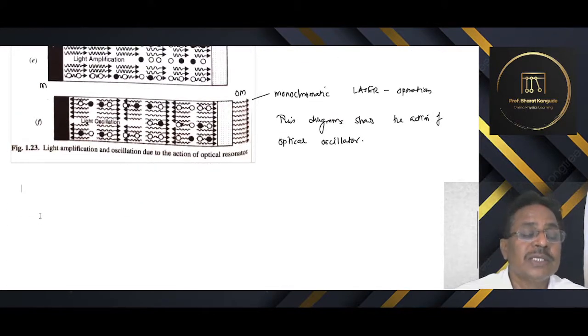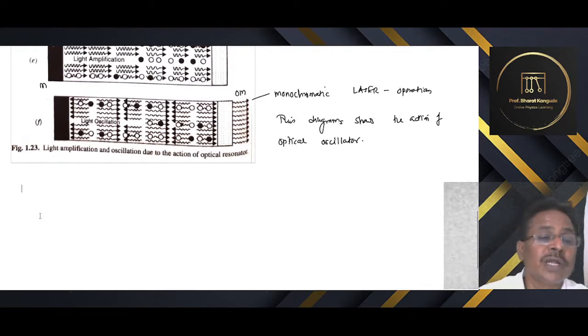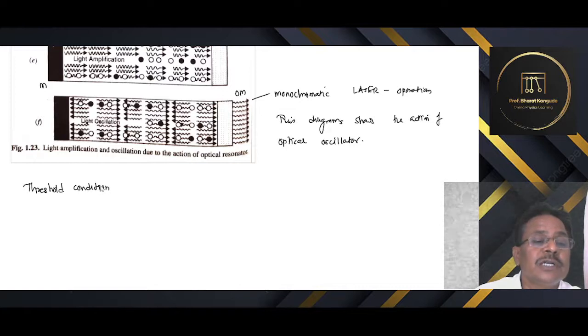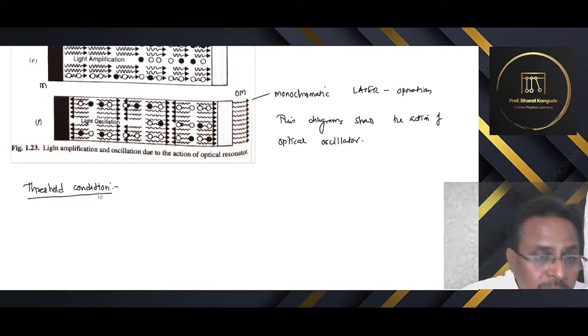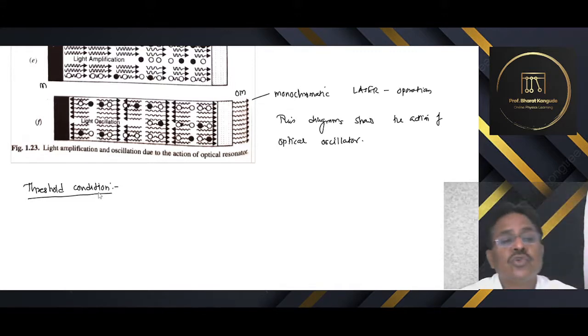Now let's go to the next topic, called the threshold condition. What is this condition? It is the minimum amount of this type of operation that should go on so that a proper laser comes out.